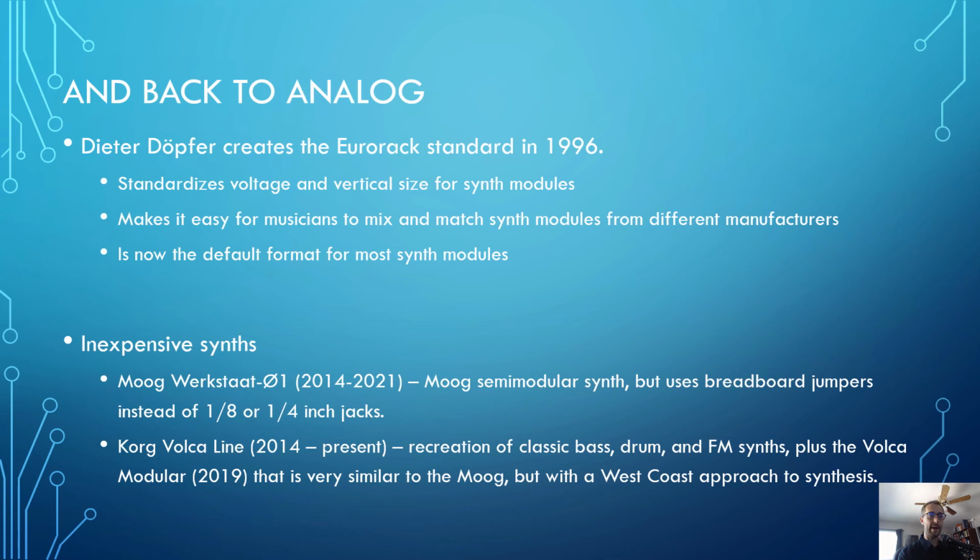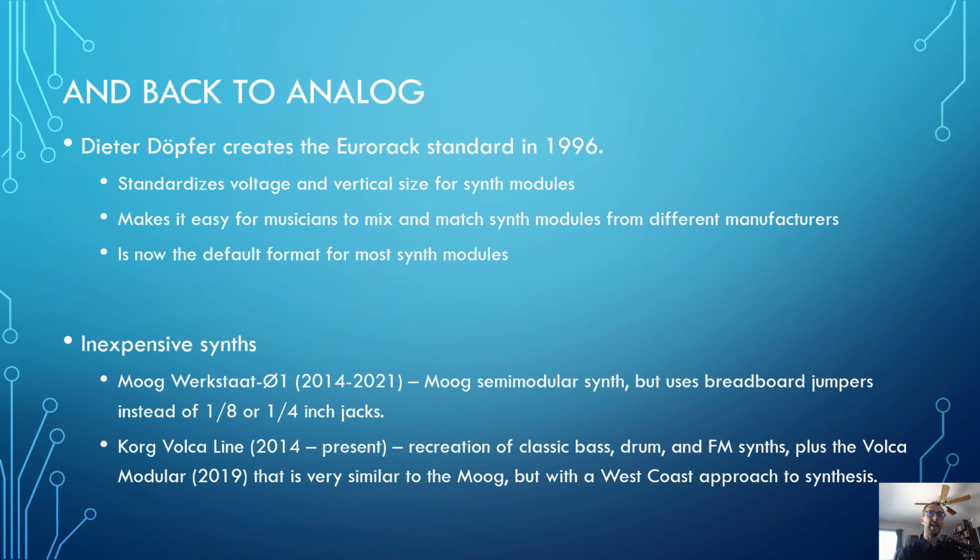This makes it really easy to go and buy different modules from different manufacturers. I can buy an oscillator from Make Noise, a filter from Moog, a complex oscillator from Verbos, or some really, really crazy stuff from Audio Damage. And it's now the default format for most synth modules.